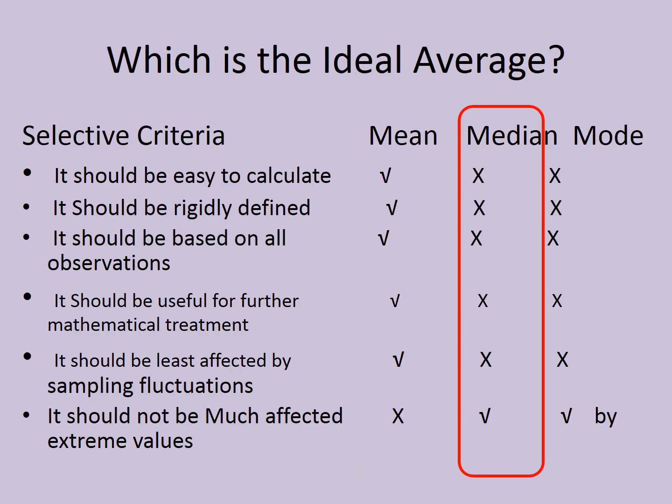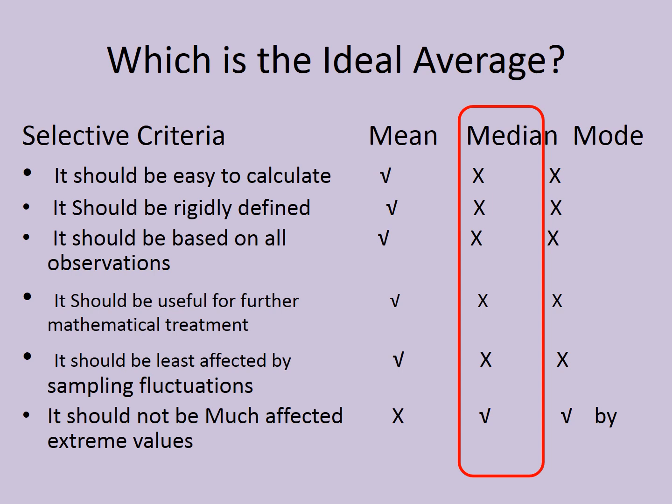Now once again we compare the median with the rest of the measures of central tendency. The mode is yet to be understood, but we can compare with the mean. As you can understand with the help of the example, the median is a little bit difficult to calculate as compared to the mean.